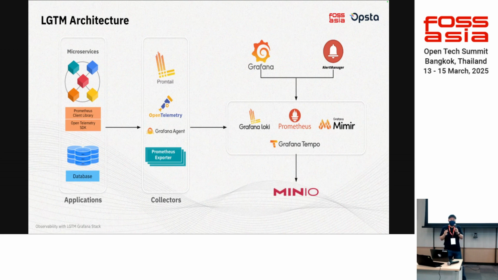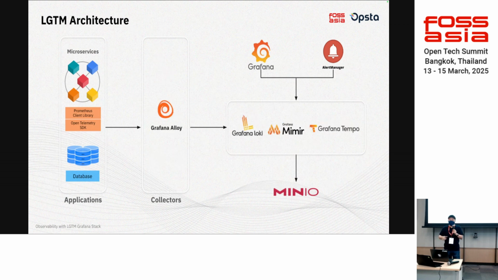From my first start, you can see that we still combined others like Prometheus, the Grafana agent, or OpenTelemetry for this. But as time has evolved, it is evolving into fewer components. Now we can do the LGTM stack with all of this.